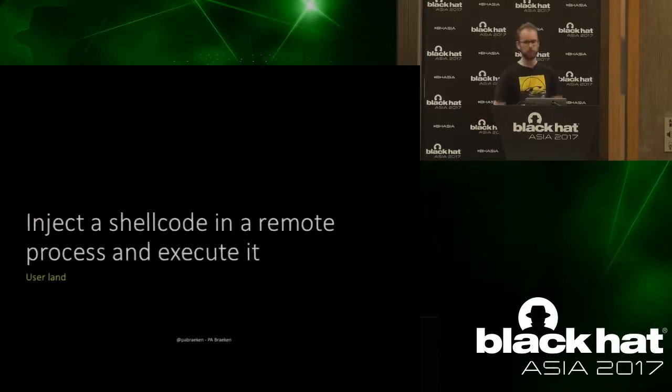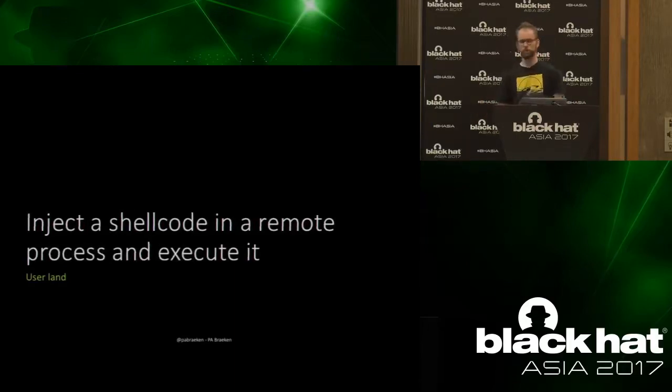With the same concept in userland, you can inject a shellcode in a remote process and execute it. But I don't want to use the Microsoft API. Normally, to launch the process, you have to use several API calls, and I don't want to use them.